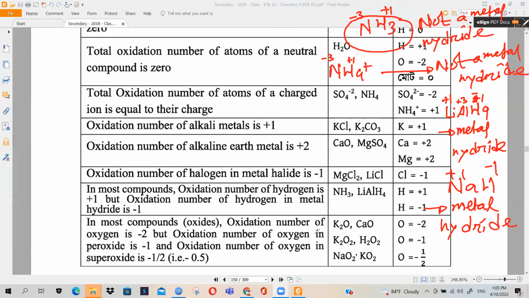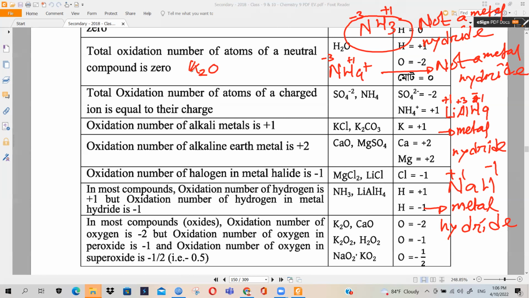The identification is fairly easy. It is the element involved with oxygen. In like 99% of the scenarios, you will know the oxidation number of them. Say for instance, K2O. Now we obviously know that potassium is an alkali metal. So what will be the oxidation number of an alkali metal?